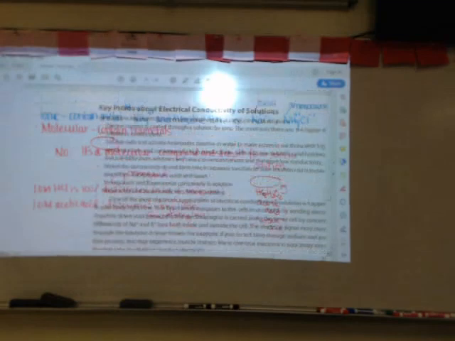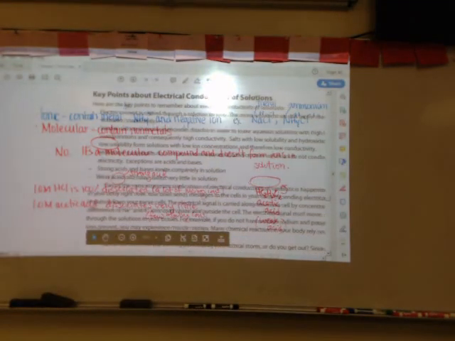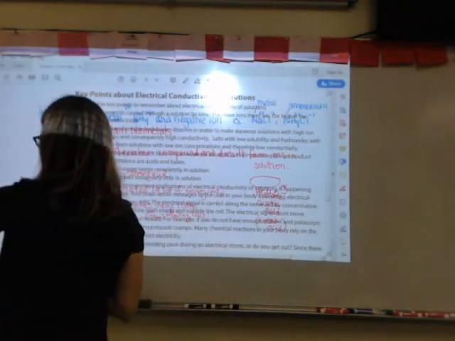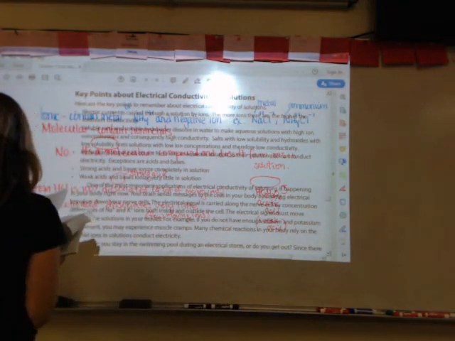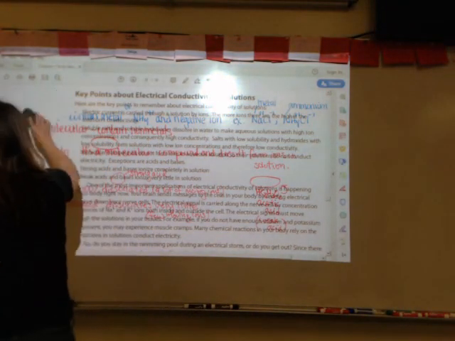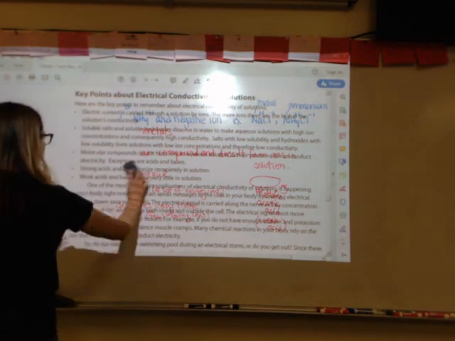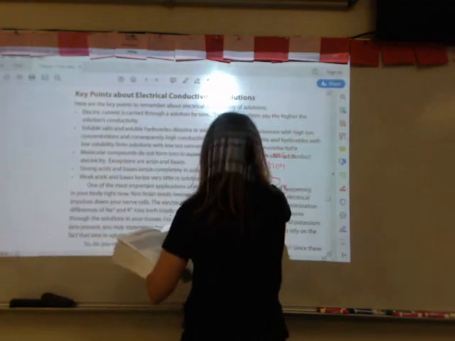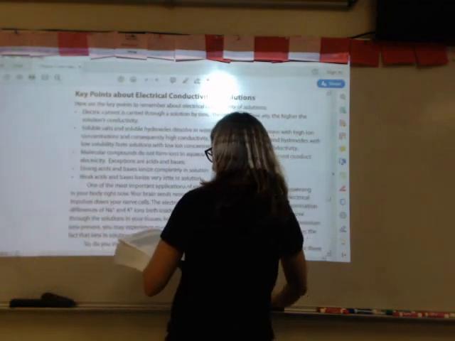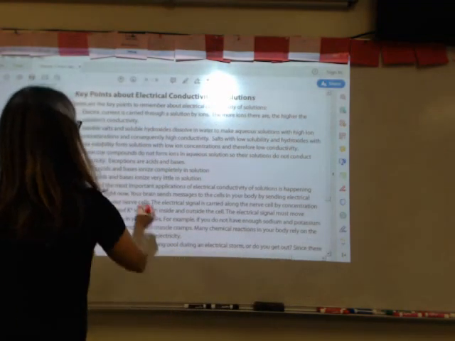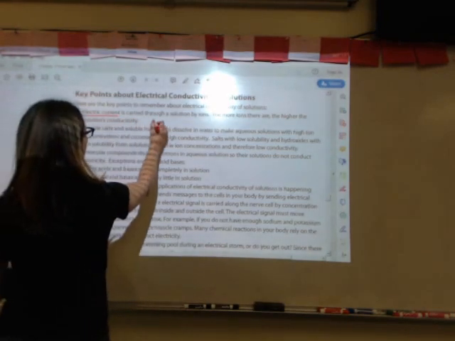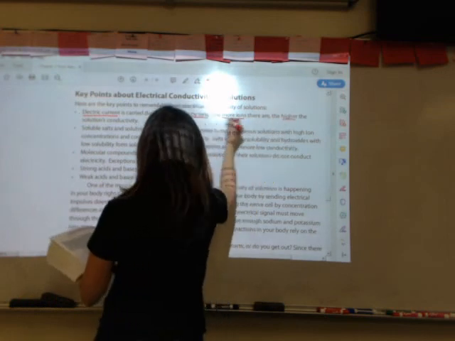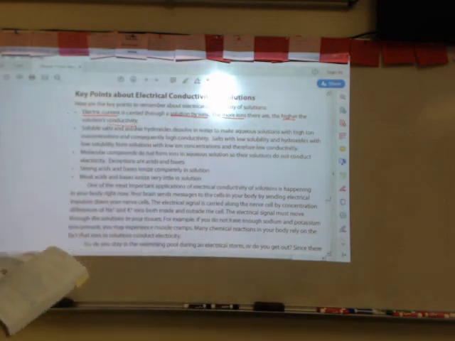Let's move on to some of the key points of electrical conductivity of solutions. Electric current is carried through a solution by ions. The more ions there are, the higher the solution's conductivity.